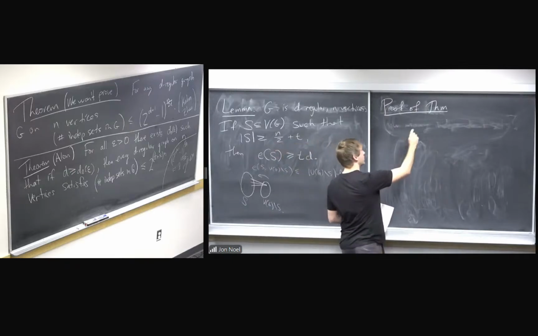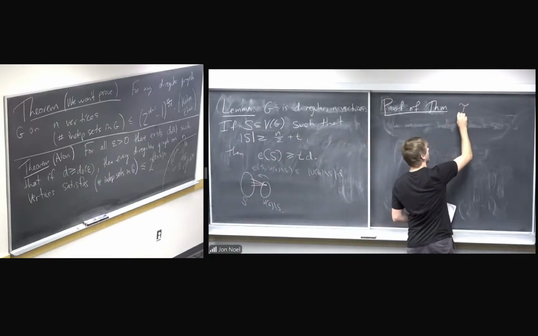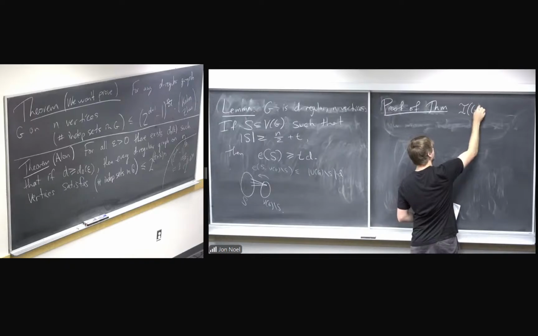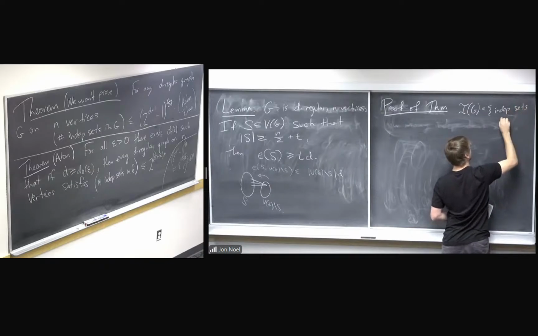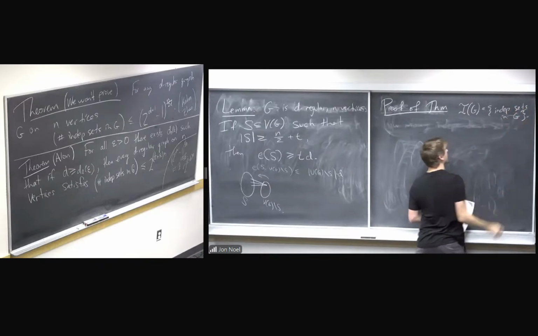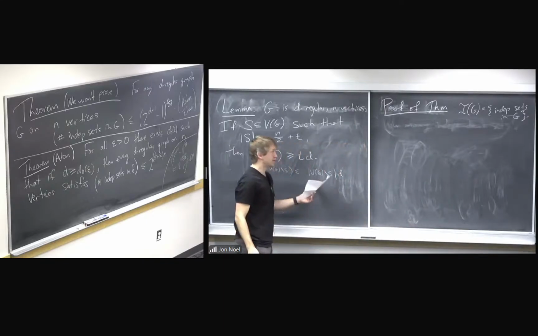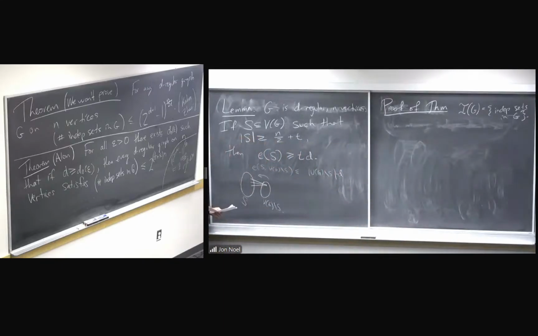Maybe a bit of notation. Let's let curly I of G be the set of independent sets in G. And what we're trying to do is get an upper bound on the cardinality of this collection.